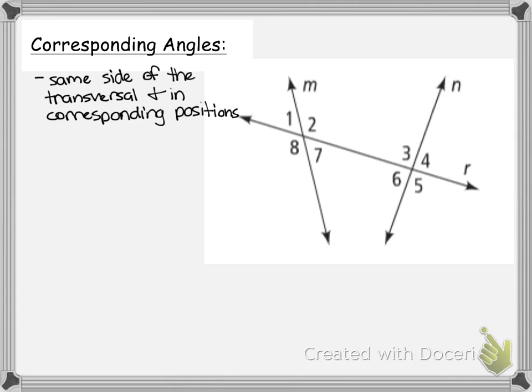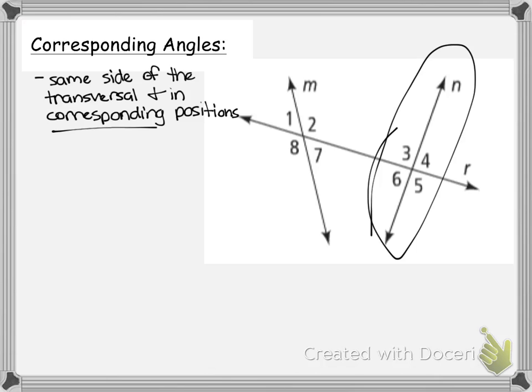And by corresponding positions, all that really means is if I were to pick up line N and put it on top of line M, which one would be in the same position as, for instance, angle 6?